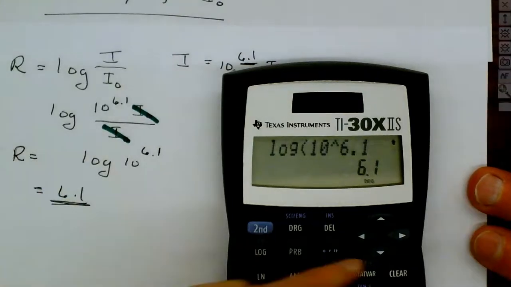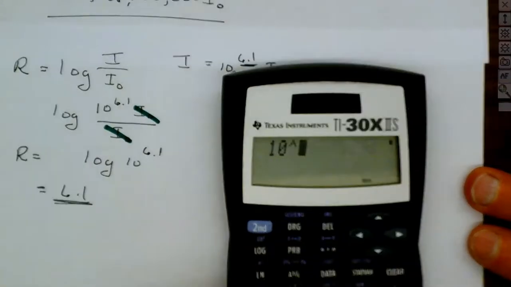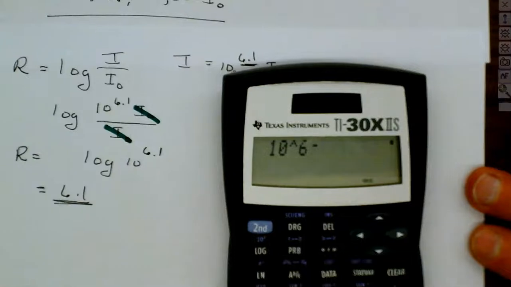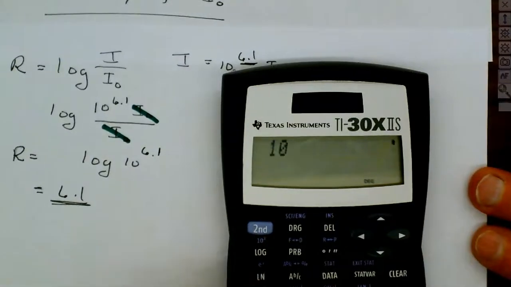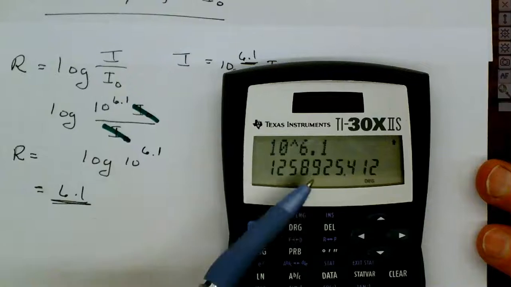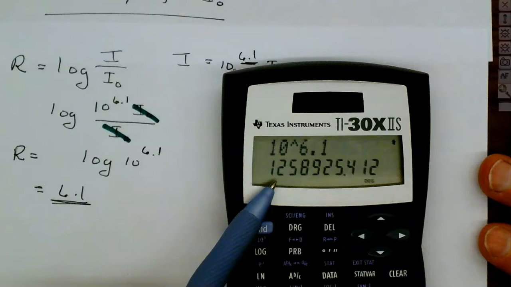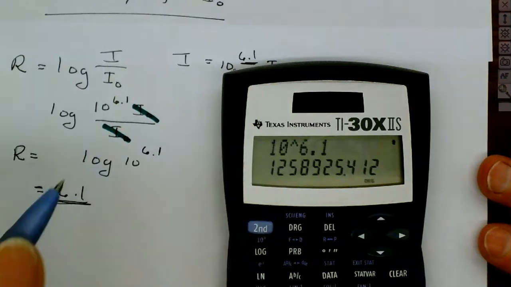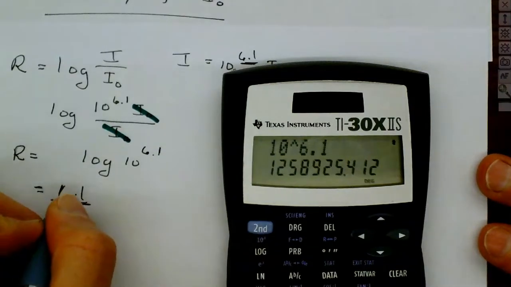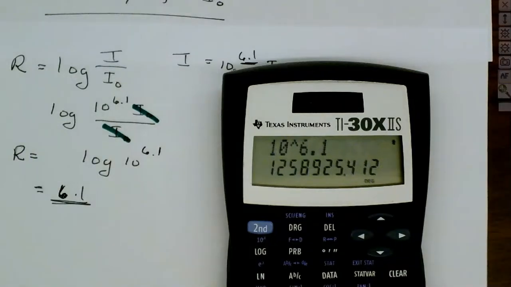Now, how many times larger was that? Just so we have a reference. A 6.1 magnitude earthquake is about 1,000,003, something like that, times as powerful as the vibrations felt on a normal day. And that's a 6.1. That's why when you go from a 6.1 to a 6.2, it's a huge change.